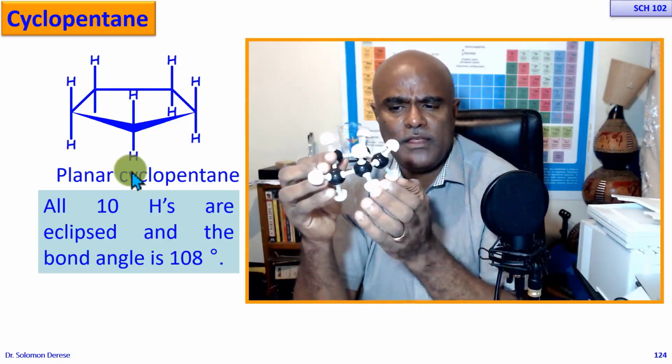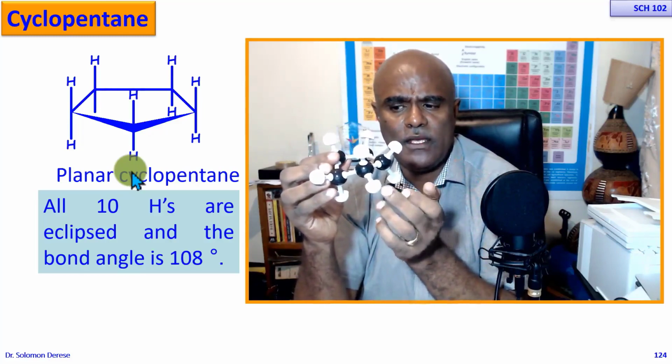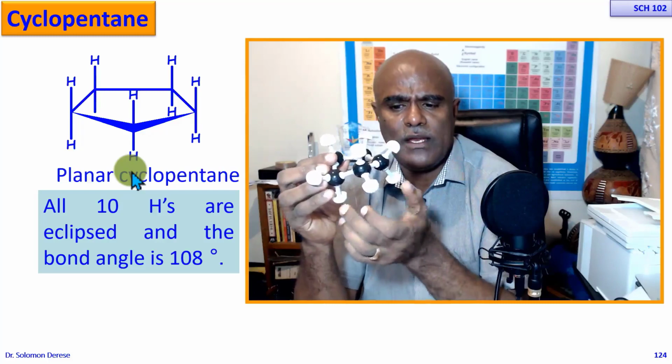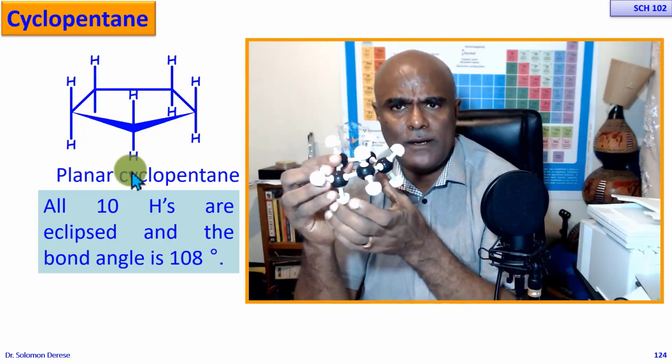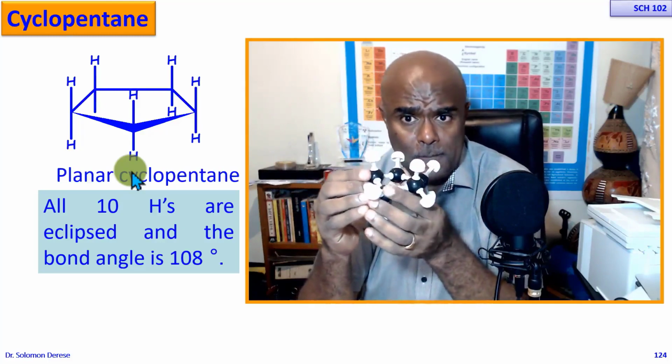Of course, there will still be torsional strain between these two hydrogens, between this hydrogen and this one, between this one and this one, because these four are in the same plane.